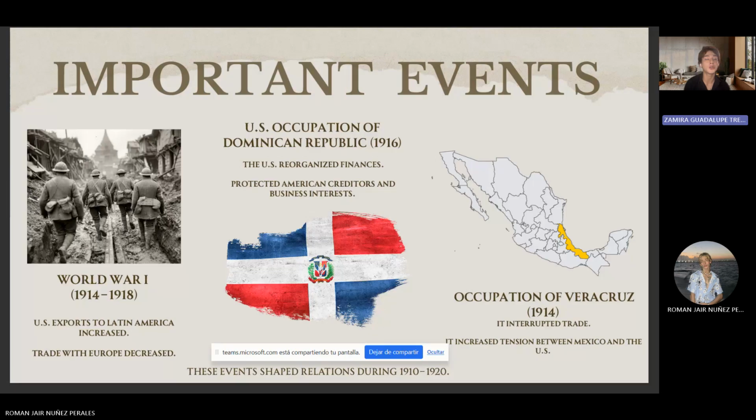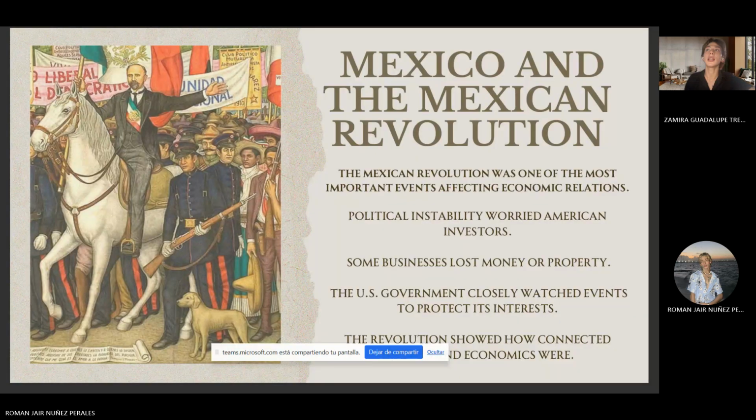As you already know, Veracruz had helped the United States in trade and also to export some materials, and that increased the tension between Mexico and the United States, of course. Then we have the Mexican Revolution, one of the most important events that affected economic relations between the United States and Mexico, and the political instability also worried American investors.